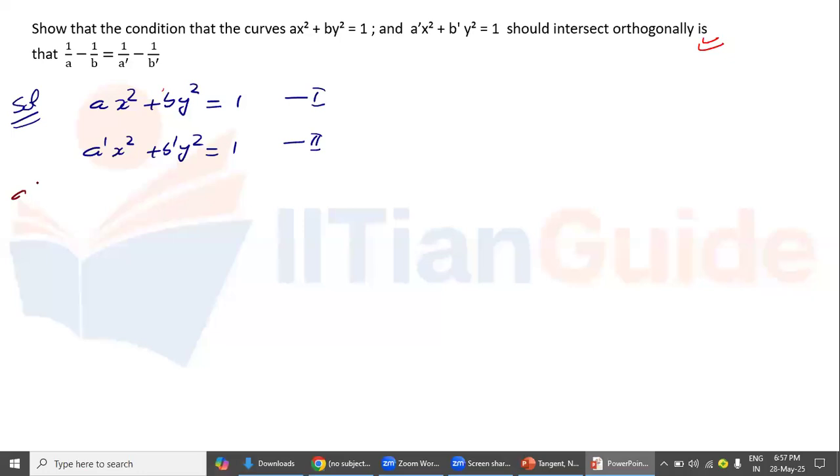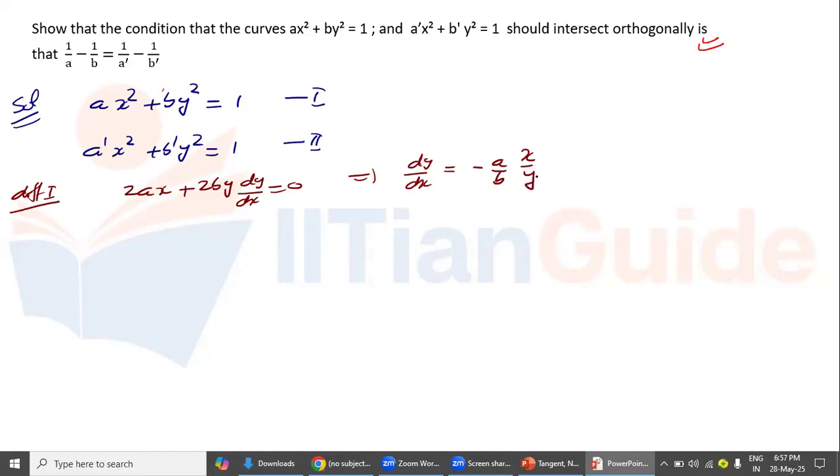Differentiate equation number 1. Then I am getting twice ax plus 2by dy by dx to be 0. So if I simplify, I am getting dy by dx as minus of a by b x by y.